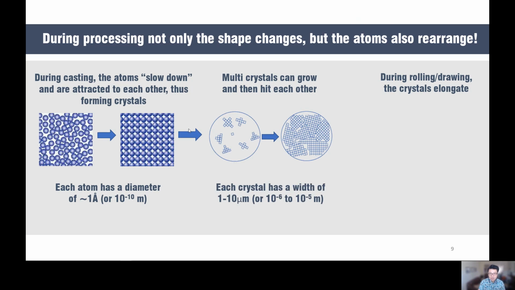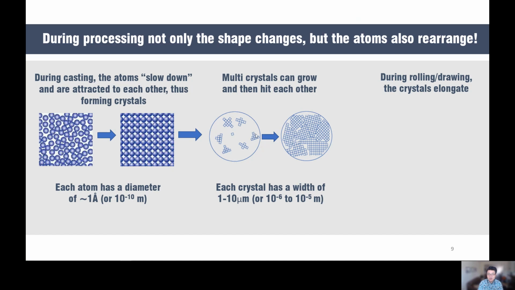If you look at it at a more macroscopic level, let's imagine these are all liquid aluminum, and inside we have individual crystals forming rather randomly at first, but they will grow. As they grow bigger and bigger, they eventually collide with each other, forming these boundaries. These are called grain boundaries.